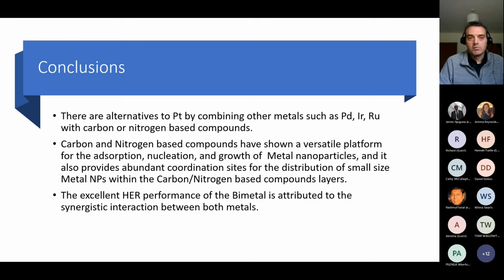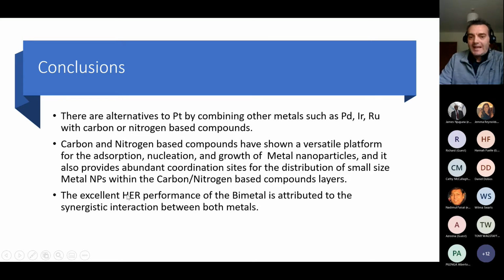We have also spoken about carbon and nitrogen-based compounds, which have shown a versatile platform for the absorption, nucleation, and growth of metal nanoparticles. This is important, and it has also provided abundant coordination sites for the distribution of small size metal nanoparticles with the carbon-nitrogen-based compound layers.